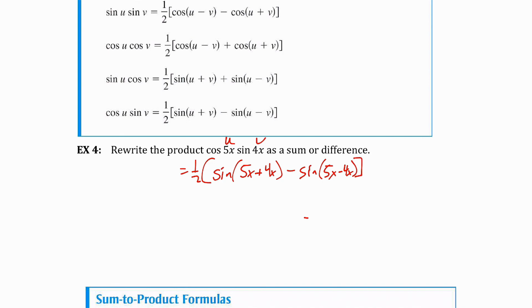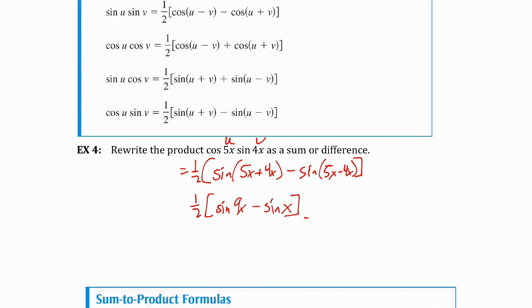Cleaning this up a little bit, we're going to have 1/2 times the sine of 5x plus 4x is 9x, minus the sine of 5x minus 4x is just plain old x.